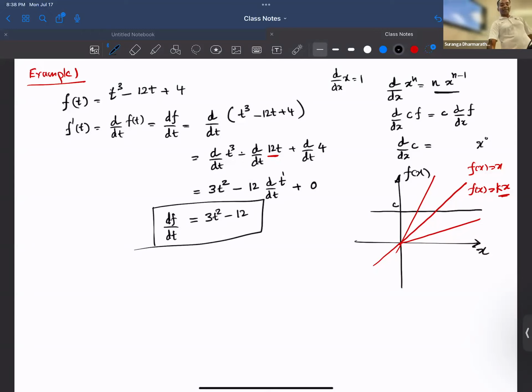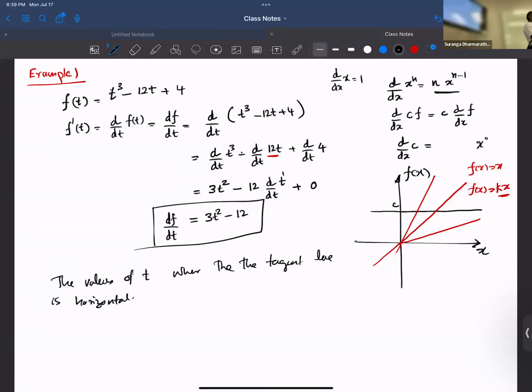It asks us to find the values of t where the tangent line is horizontal.